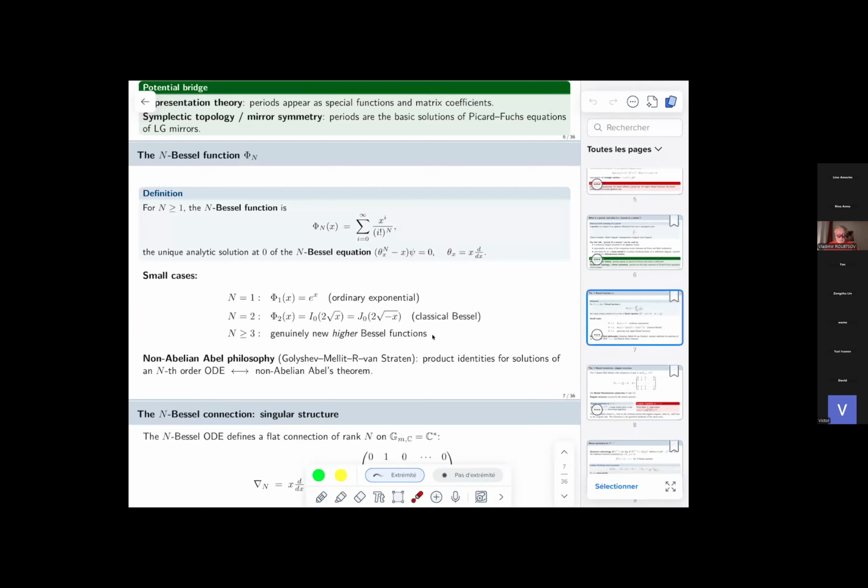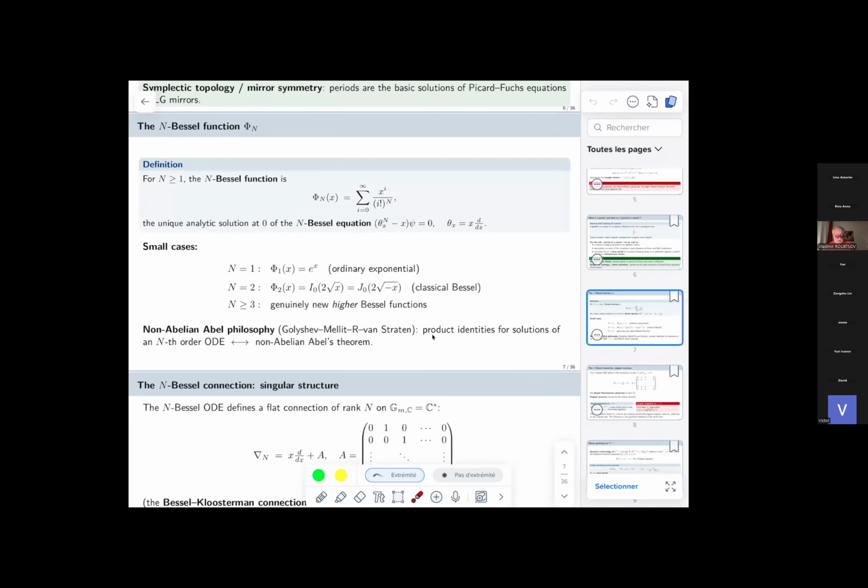It is the so-called product identities for solutions of n-th order differential equations corresponding to what we call the non-abelian theorem, which is just explained in our preprint with Vasily Goloshev, Anton Mellit, and Duco van Straten. And this preprint is an initial point to study these products. This is an output of this.